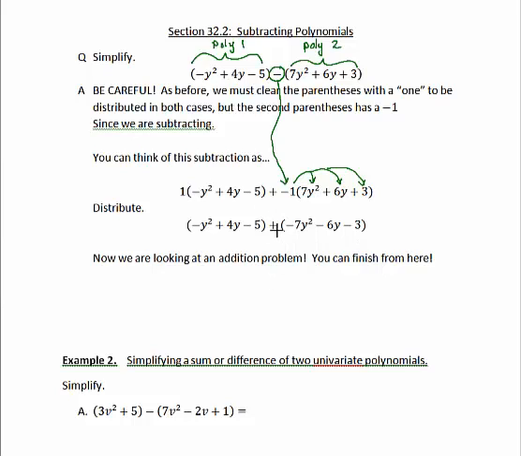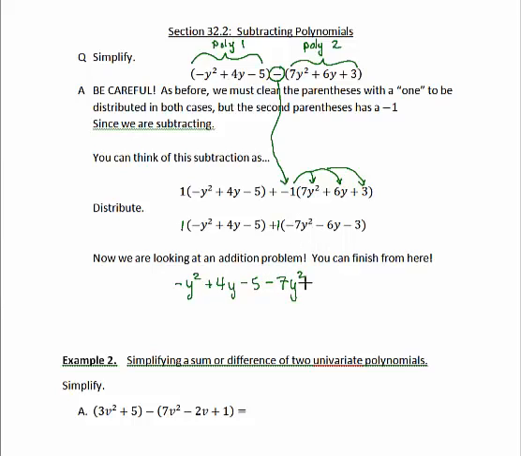Now, in this case we kept the parentheses. We could have dropped them at that point, but now you can see that we've changed to an addition problem of two polynomials, and we're back to having a plus 1 in front of each. When that's the case, we simply drop the parentheses and keep the signs that are contained within the parentheses.